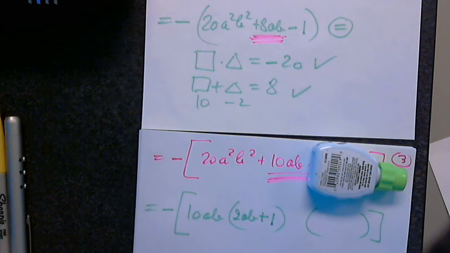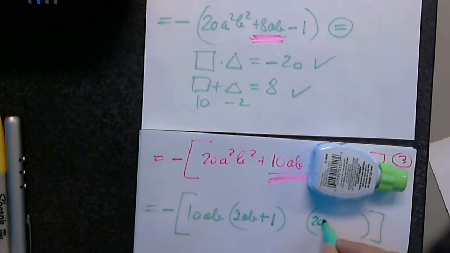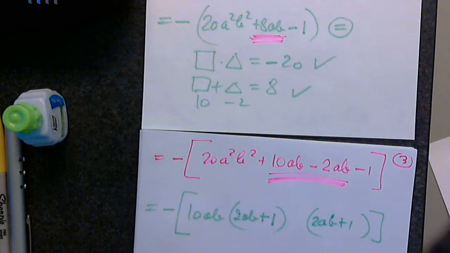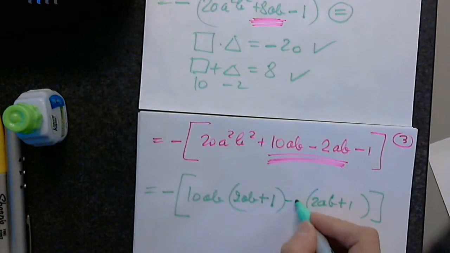How do I know? Because I found the relationship. I found 2 numbers whose product is this and whose sum is this. I know this has to come out from the other 2. Guaranteed. What is it? 2ab plus 1. Now I look. Remember, I need the sign and the factor. Take out a negative 1. Very good.